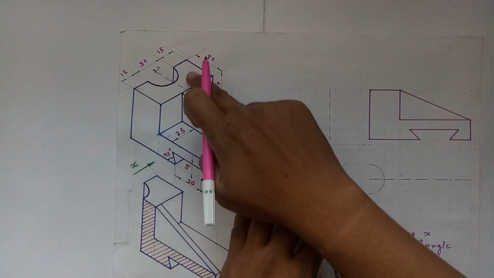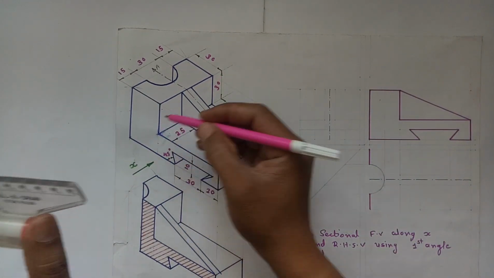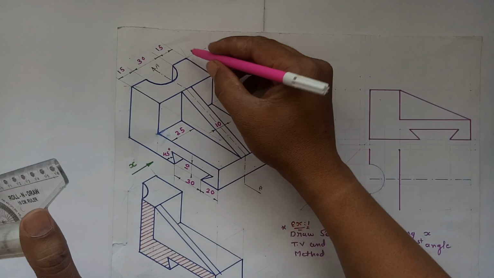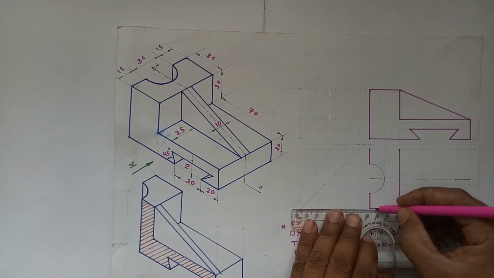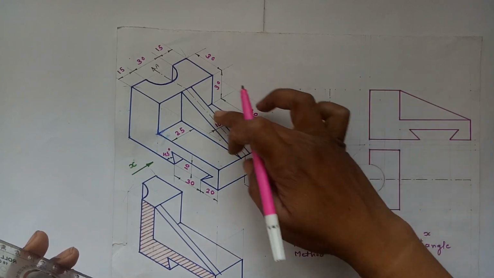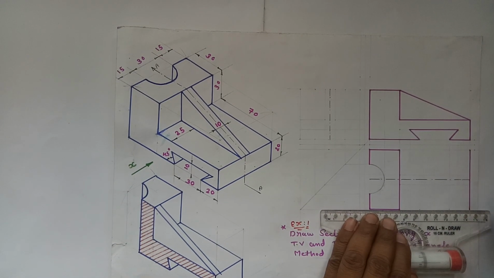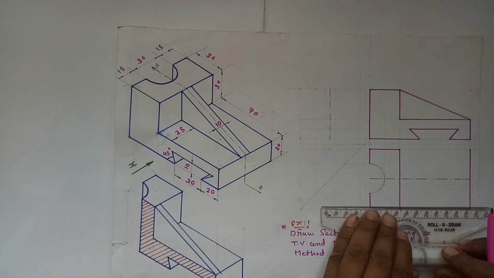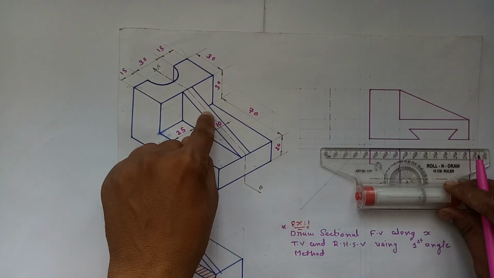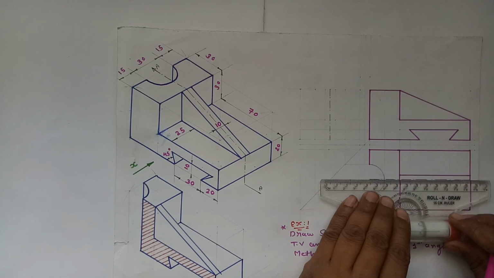This part over here, this edge projecting from the front view, these two edges, this part, this inclined part, in the top view.